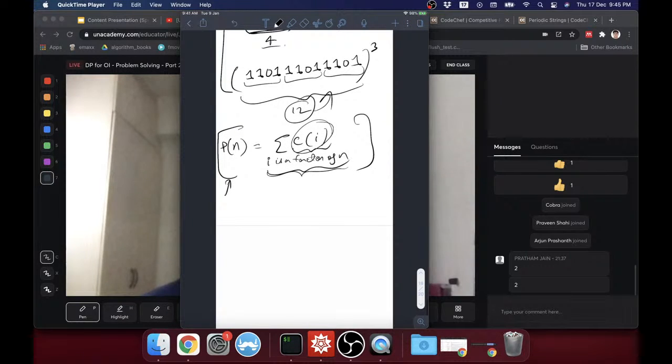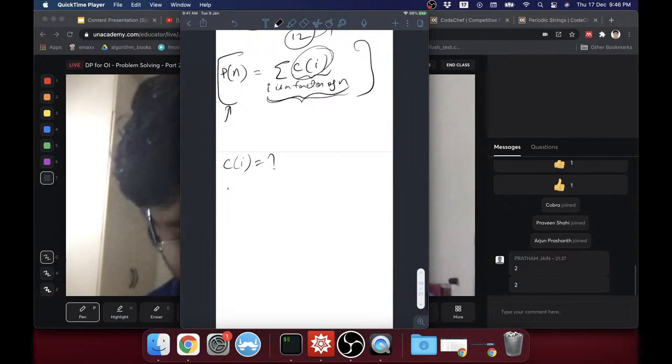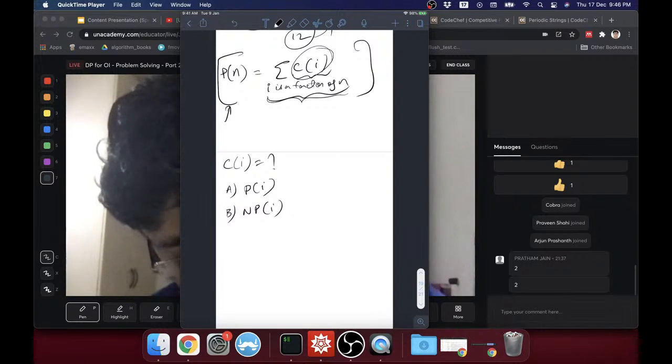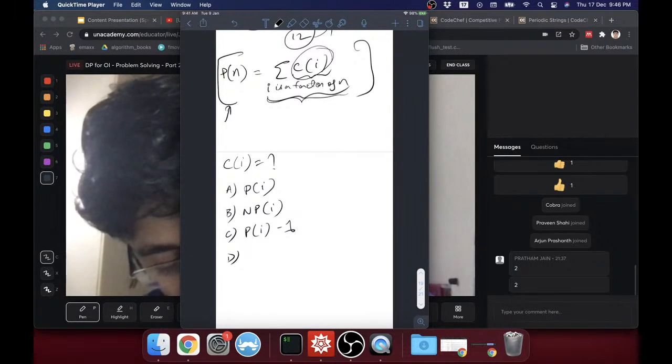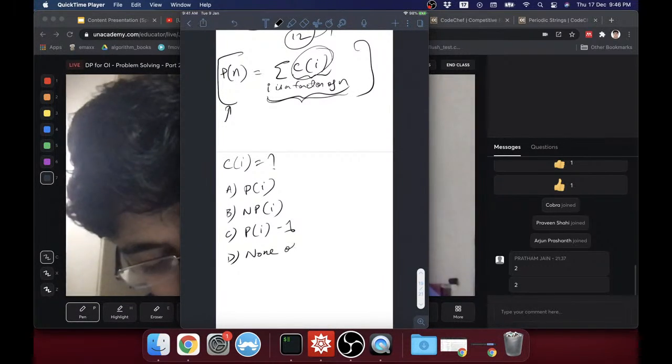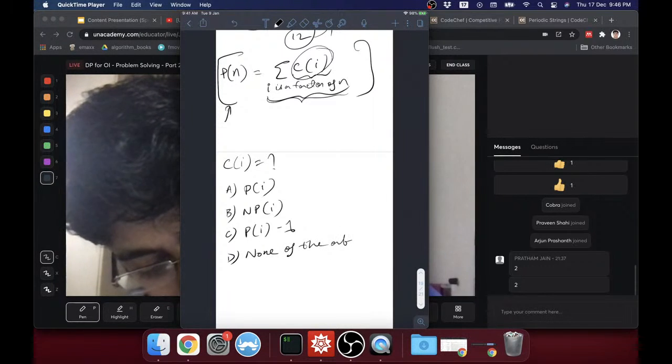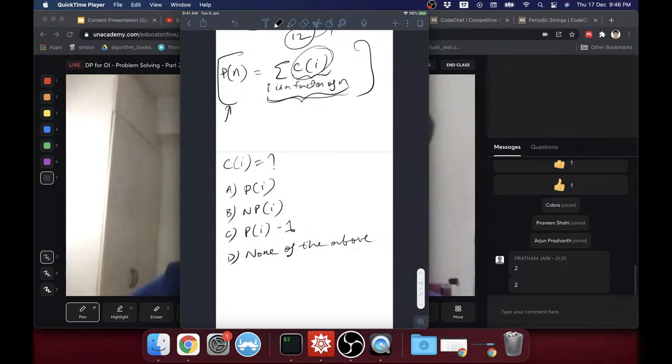Okay, any guesses on what the value of Ci will be? So I'll give you some options. Ci is equal to Pi, that is the smaller one. Ci is equal to NPi. Ci is equal to Pi minus 1. Ci is not related to any of these. That's also possible.